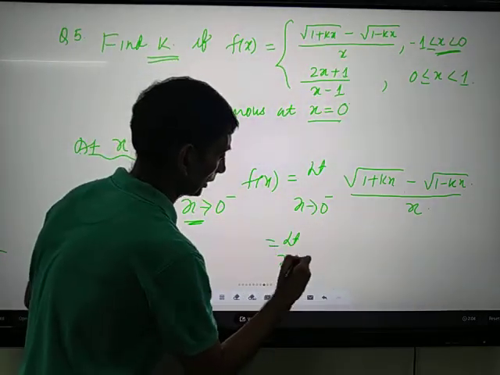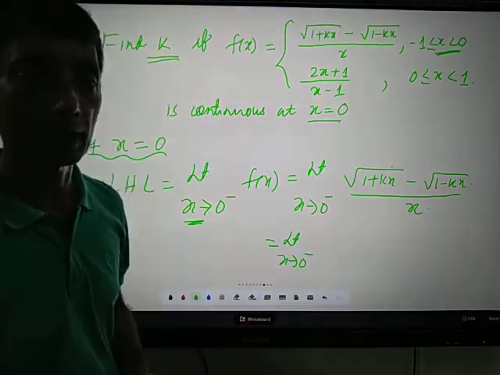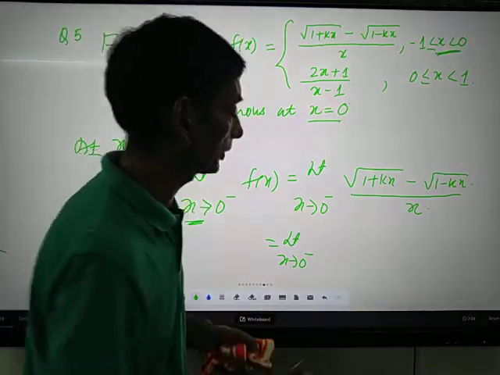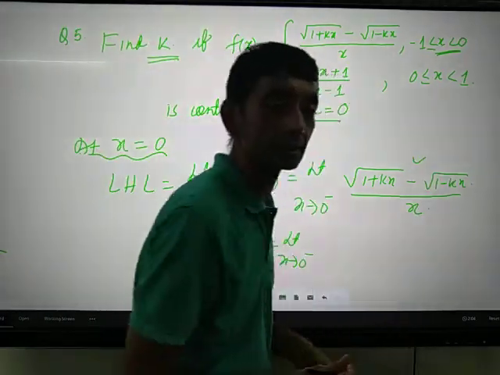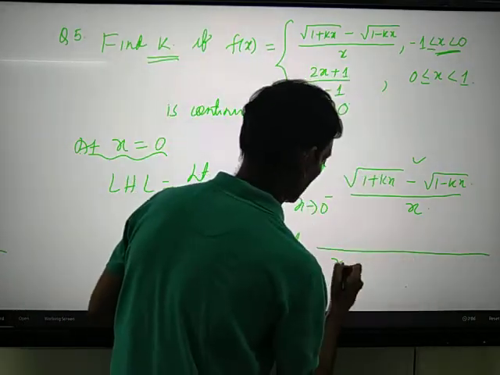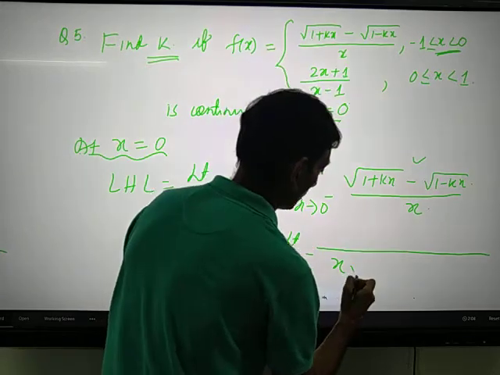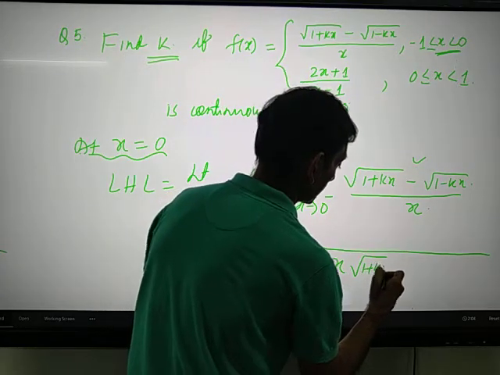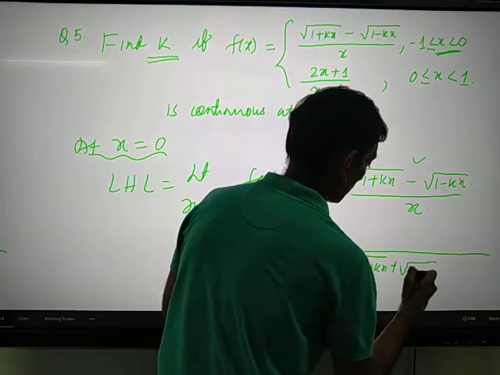So it's a very simple sum. We know the method how to find a limit of such a function. What I'm going to do is rationalize the numerator. So we'll multiply both the numerator and denominator by under root 1 plus kx plus root 1 minus kx.